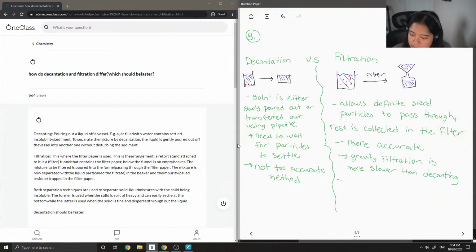But if we use vacuum filtration, I would say that would speed up the process by a whole lot.